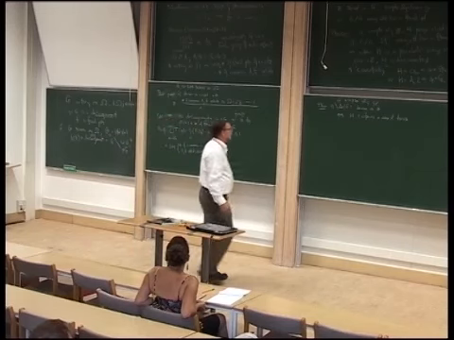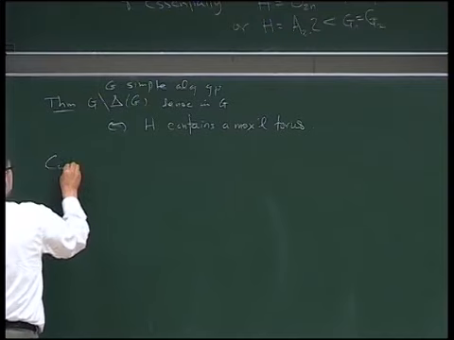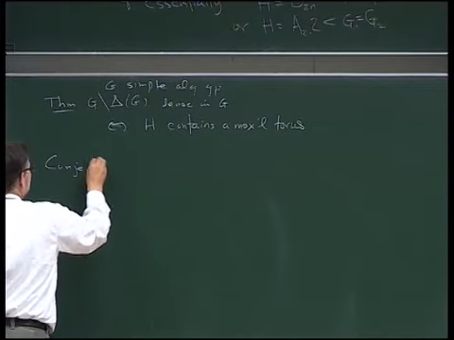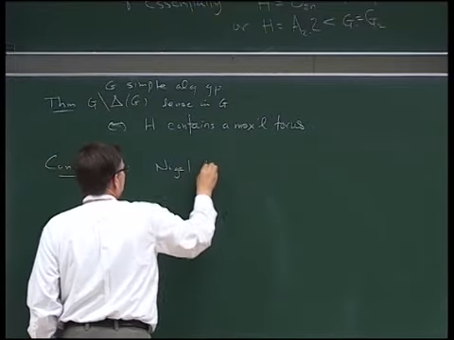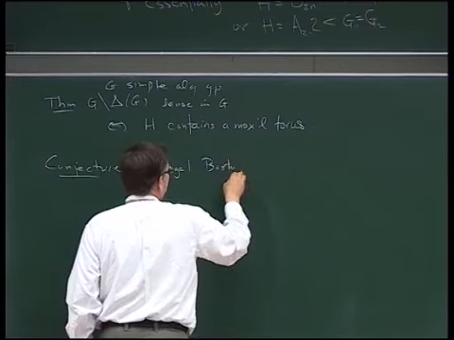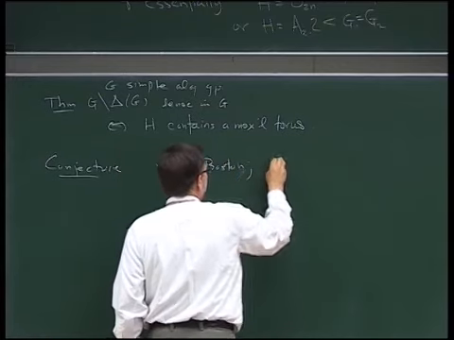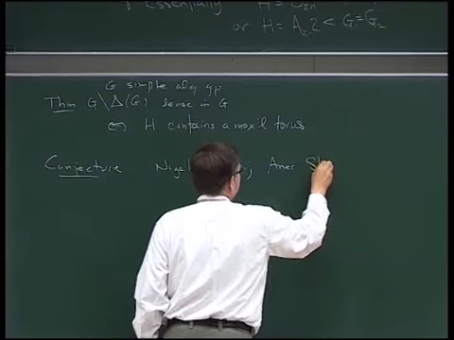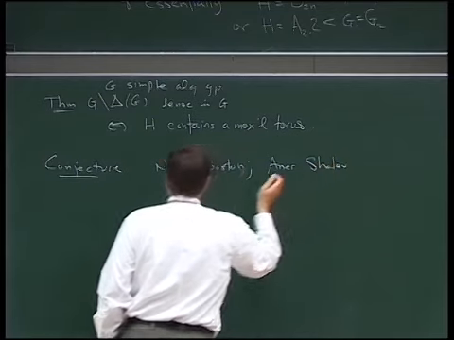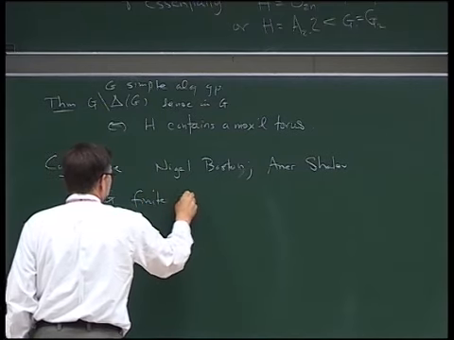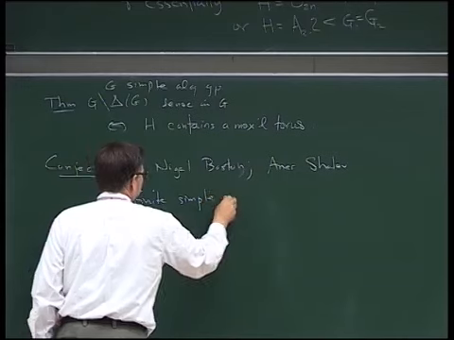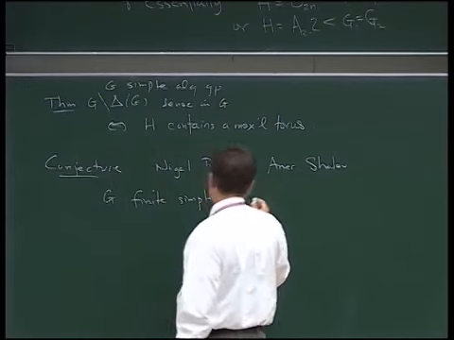So anyway, now let's go back to the finite case. There was a conjecture that was made independently by Nigel Boston and Aner Shalev. It said, suppose that G is a finite simple group acting transitively.